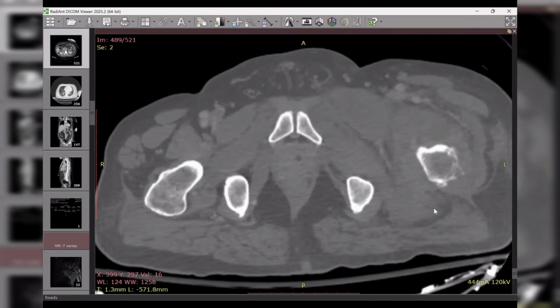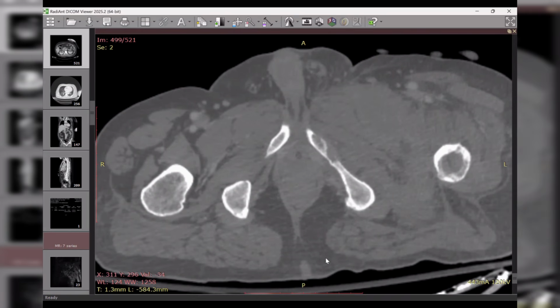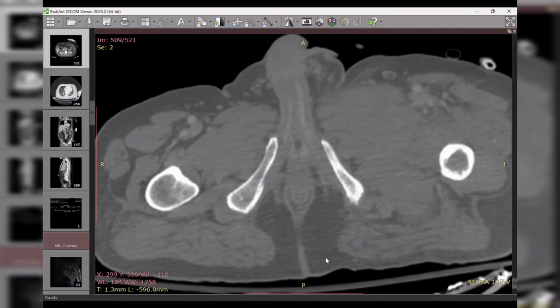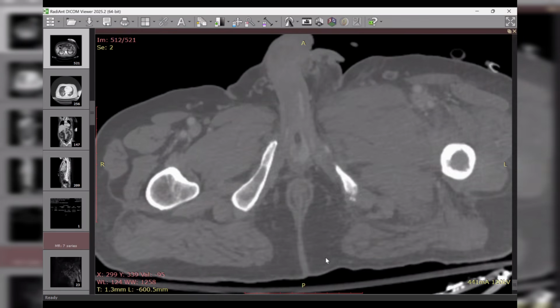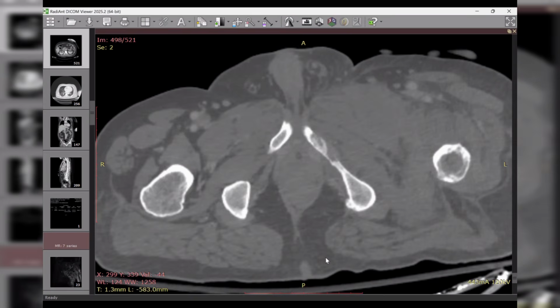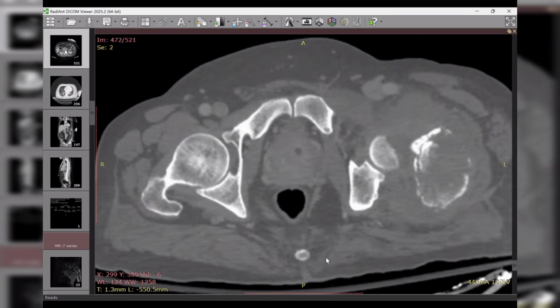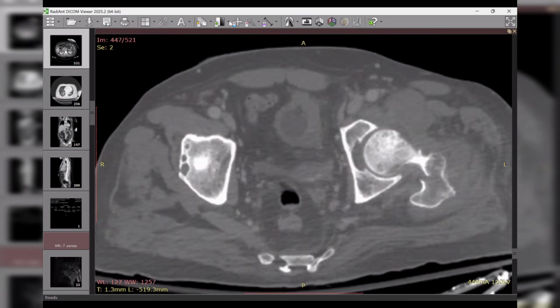Now we will search if there is another lesion. There is one of the inferior pubic ramus, puboischiatic, yes. So where is the primary now? You are right, totally. Where is the primary? It was in the prostate.